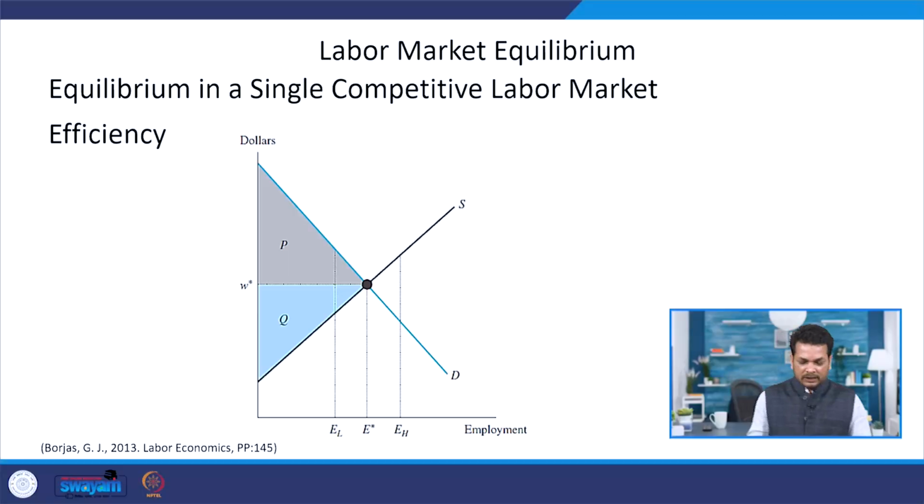If you want to see why we consider this E star as the maximum gain which we get from this trade, let us say EH amount of employment. What is happening at this EH amount of employment? What is happening at this EL amount of employment?